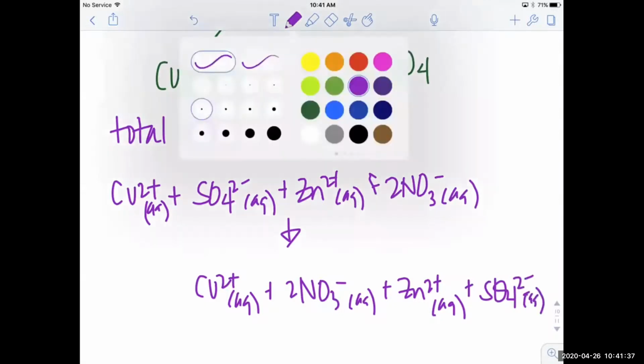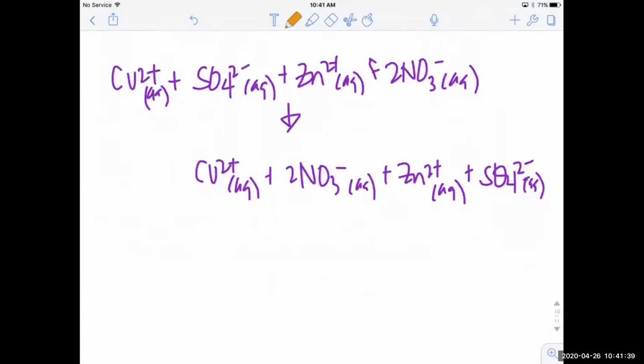And our net reaction is just going to be no reaction. Our net ionic, you can just write no reaction or NR.